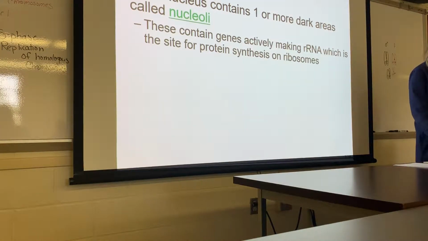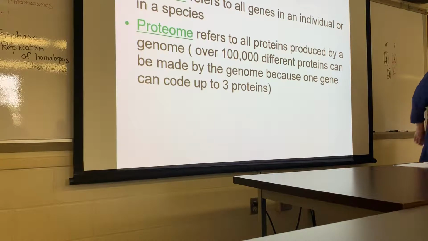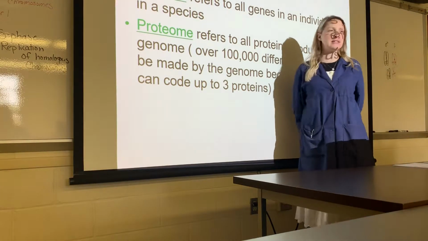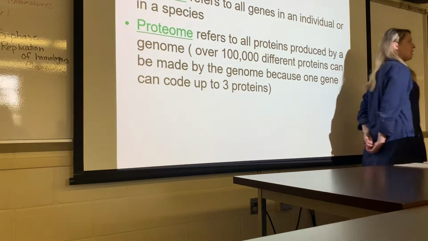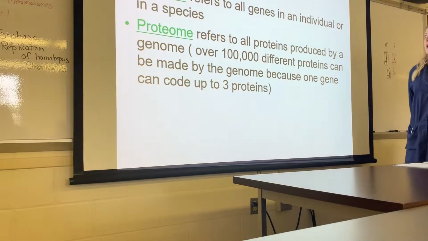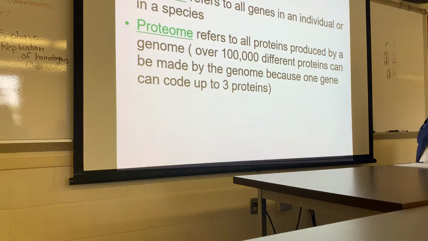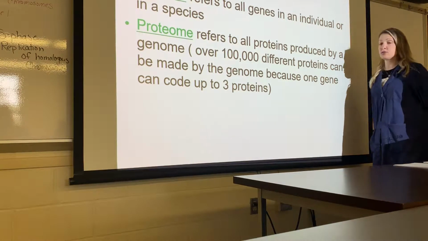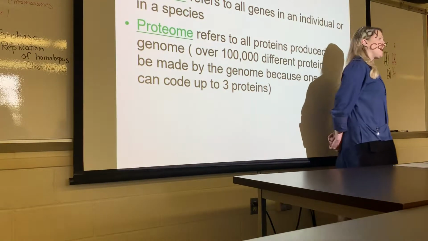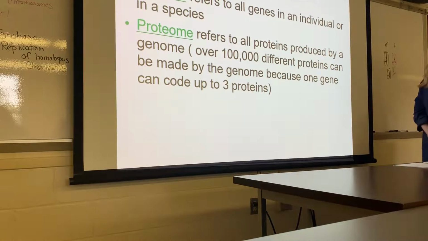So a couple of terms here: genome and proteome. A genome specifically refers to all the genes that an individual has, or all of the genes that a particular species has. Again, like human beings, the way that we look, we have 2 eyes, a nose, and a mouth, regardless.